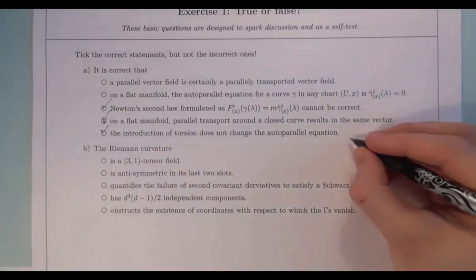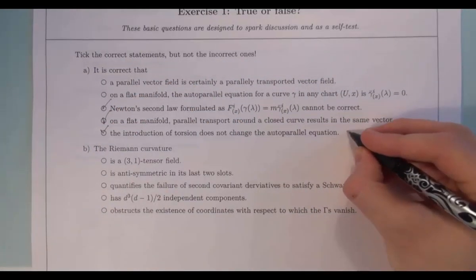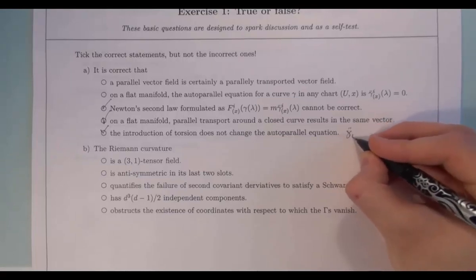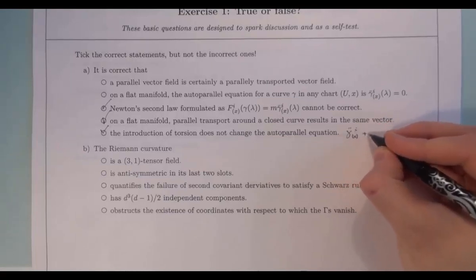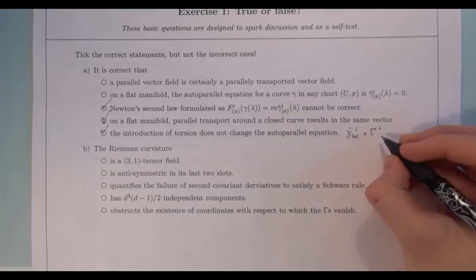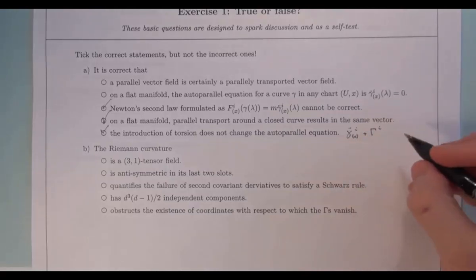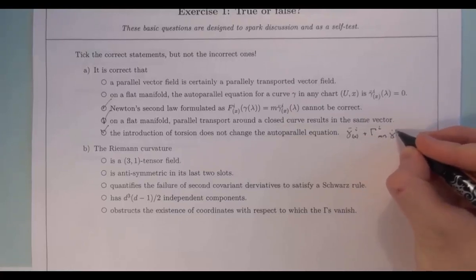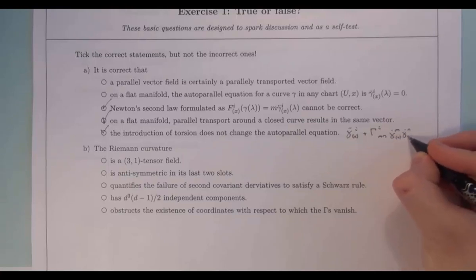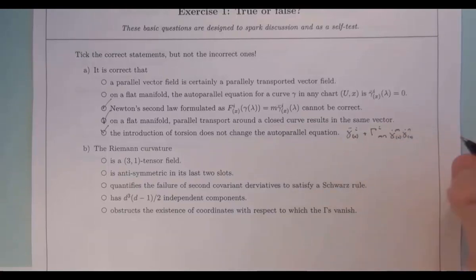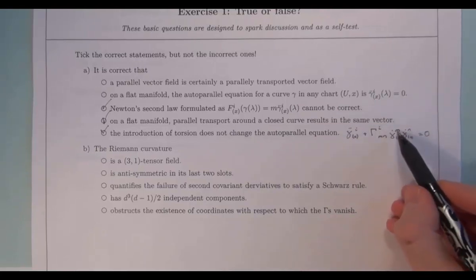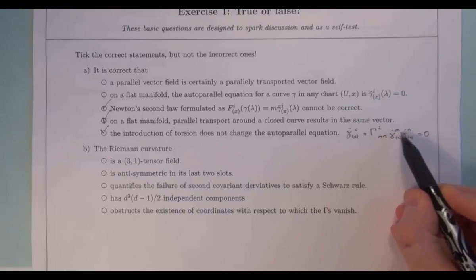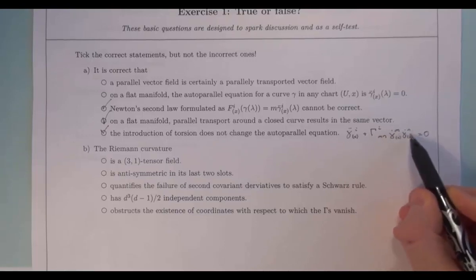So, look at the autoparallel equation in the chart. We have that this is gamma double dot^i plus Gamma^i_mn gamma dot^m gamma dot^n, of course everything with respect to the x chart, is 0. This expression now is symmetric under the exchange of m and n.